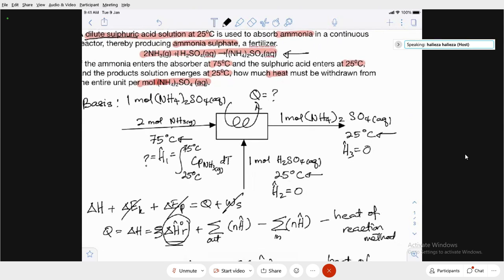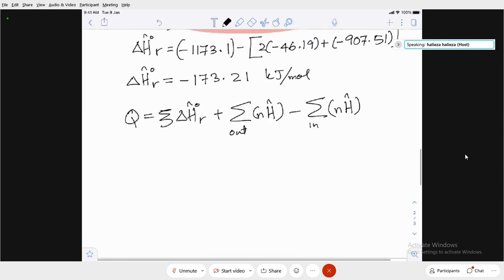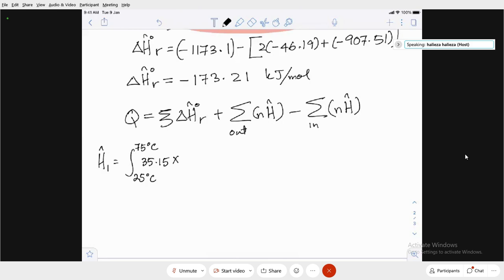What is H1? If you look up in appendix B2 for ammonia, the polynomial equation, from 25 degrees C, because that is your reference temperature, to 75, that's the temperature of the input of your ammonia. If you look it up, this is your value of A. Remember to check whether the form is 1 or 2 and what is the unit of your temperature.